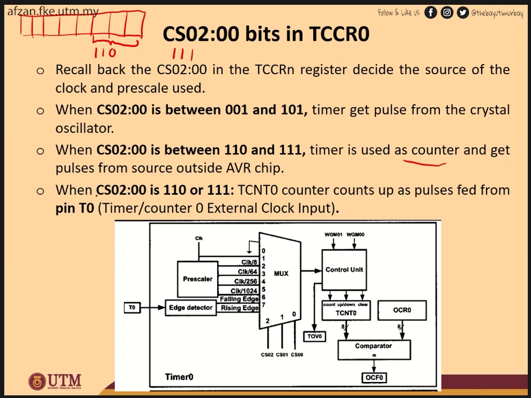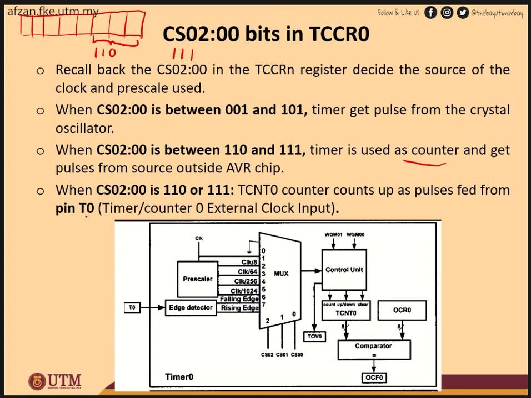When these bits are 110 or 111, your TCNT counter counts up as pulses are fed from pin T0, which is the timer counter 0 external clock input.